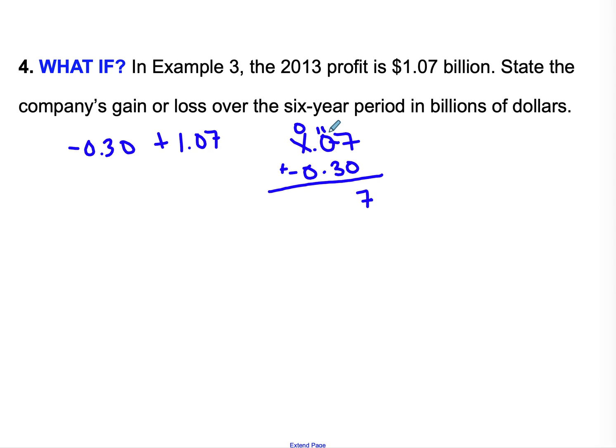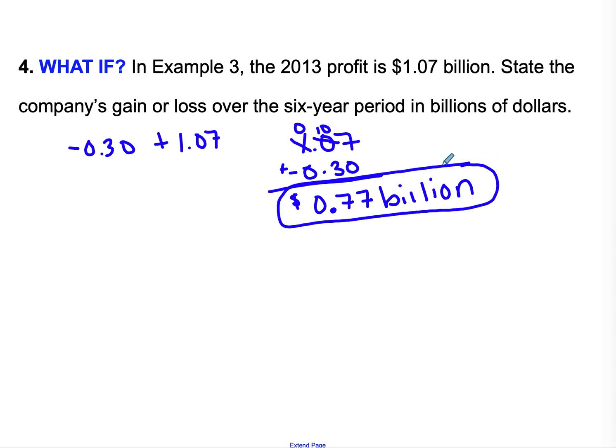This becomes a 10. 10 minus 3 is 7. Bring down that decimal. Bring down the 0. Okay, so $77 billion is going to be our final answer.